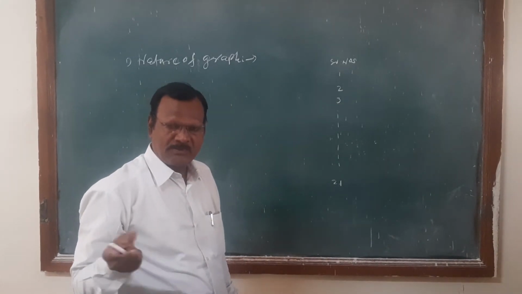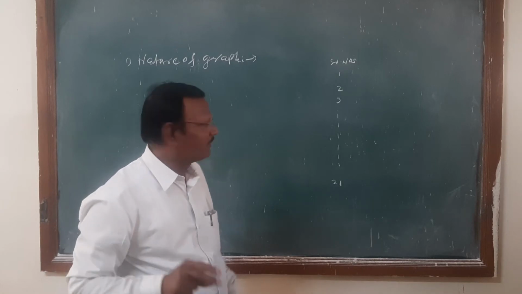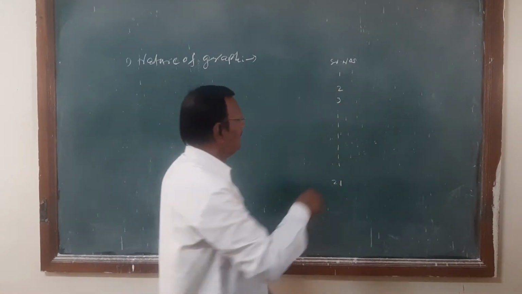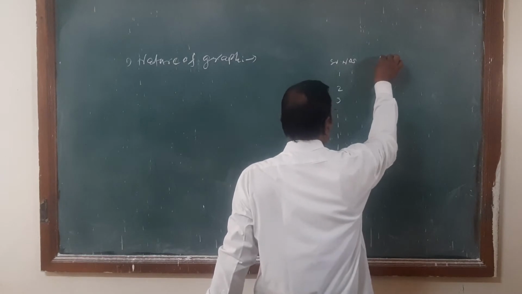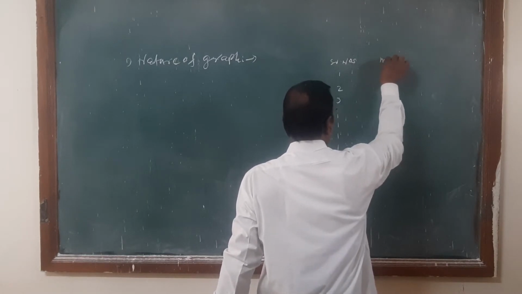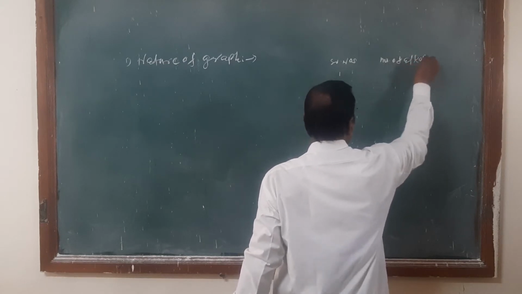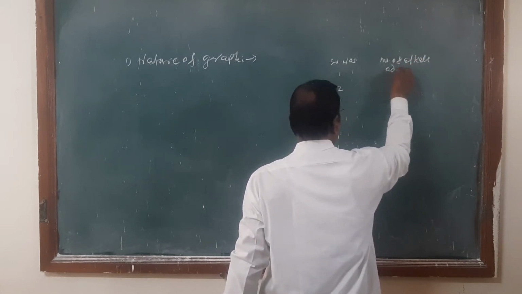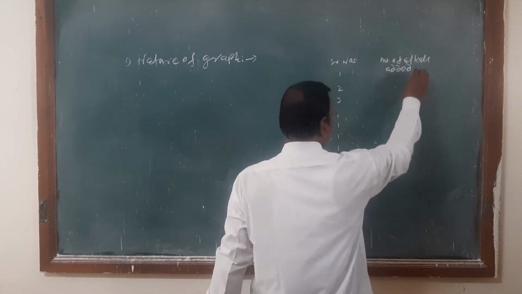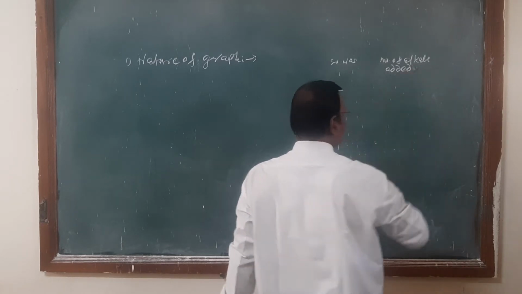Because without addition of alkali we have to take the first reading. Then the column is ml of alkali added in ml.